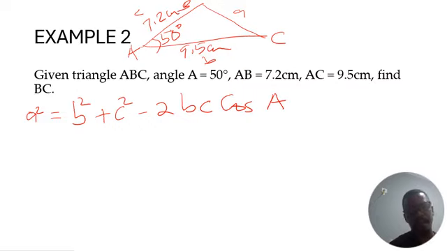So you substitute: what is our B? Our B is 9.5 squared.